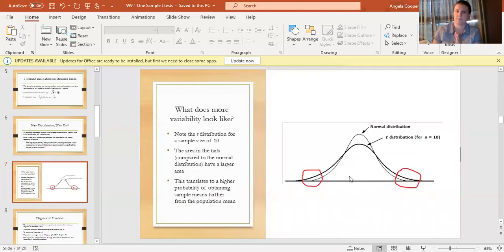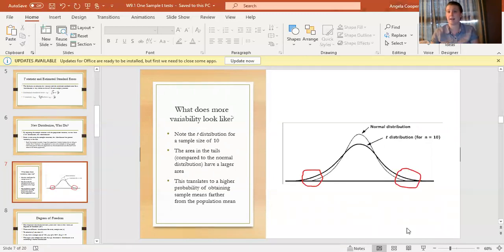So as an example, God, so many amples. The normal distribution here is this thin black line, and you'll see where it ends on the tails, or at least where it kind of peters out. And then you have the t distribution, the thicker black line with two C's. You see that it actually branches out a little further on the tails than the standard normal distribution.